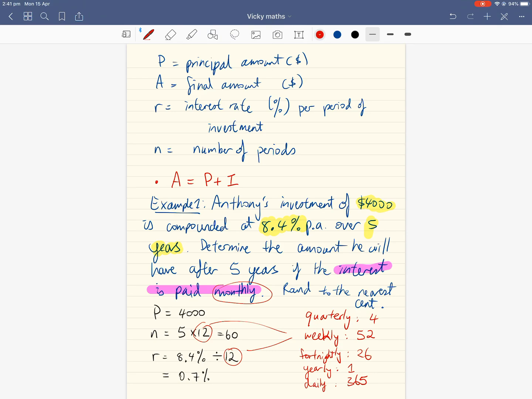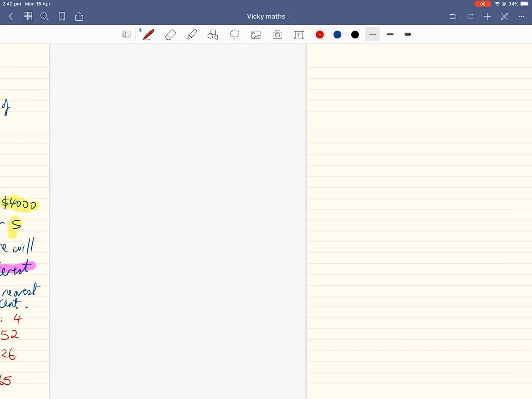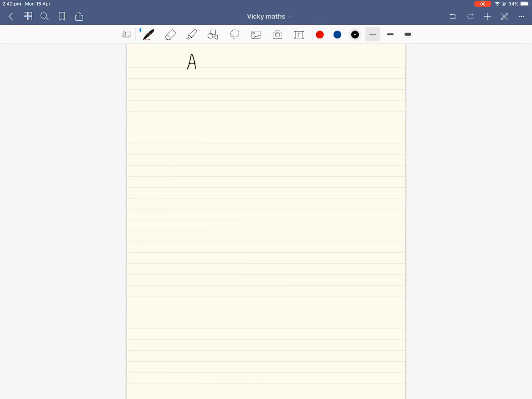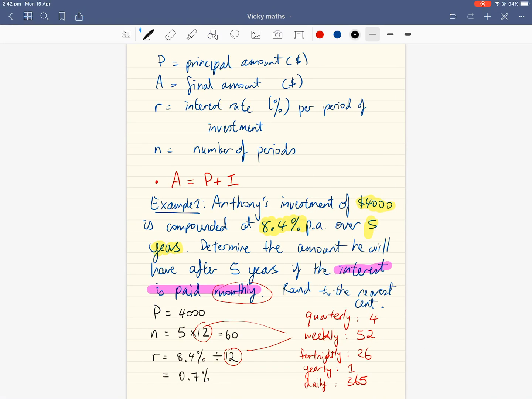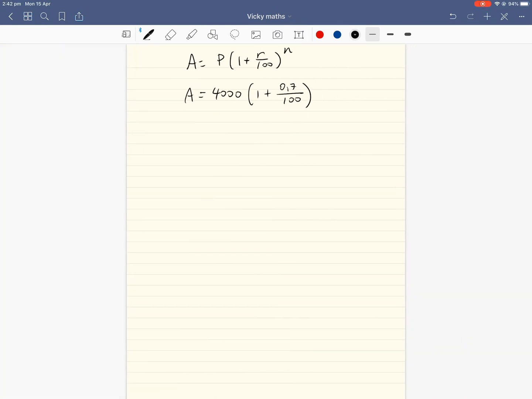So once we've figured out what our P, R, and N are, we need to work out what our A is. So let's write down our formula. A is P times (1 plus R over 100) to the power of N. In our case, our P was 4,000, 1 plus, remember our R is 0.7, over 100, to the power of N. Now remember, N was adjusted to be 60.